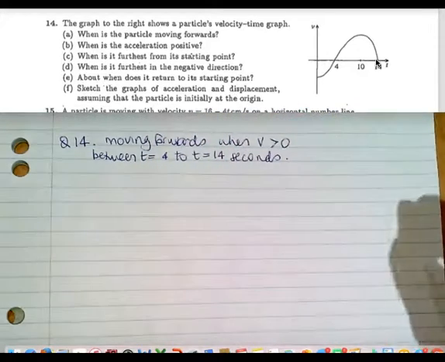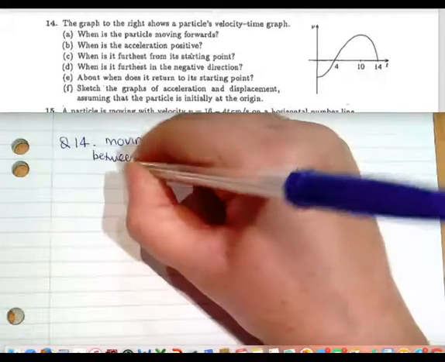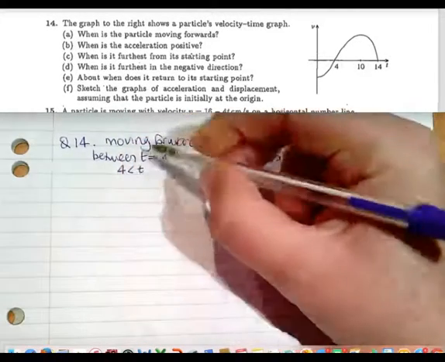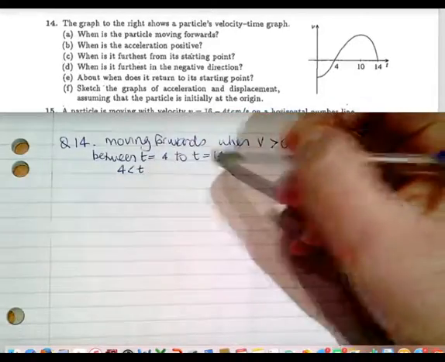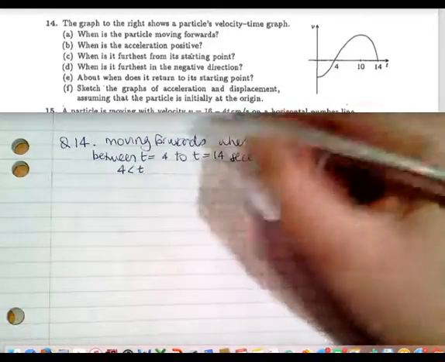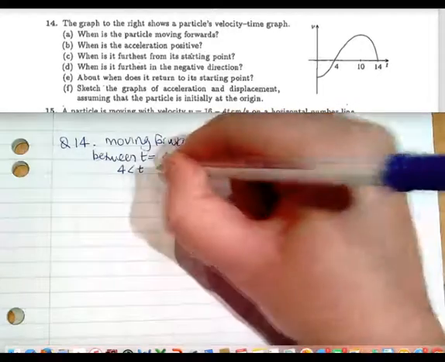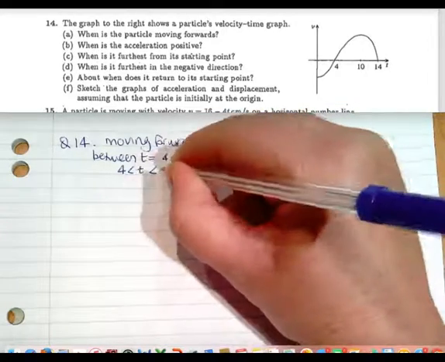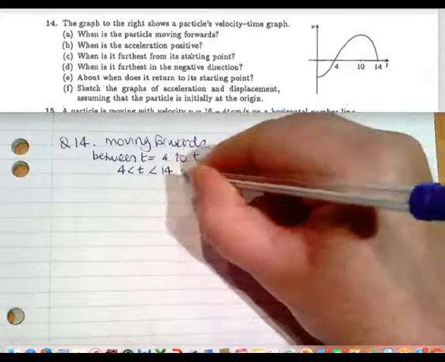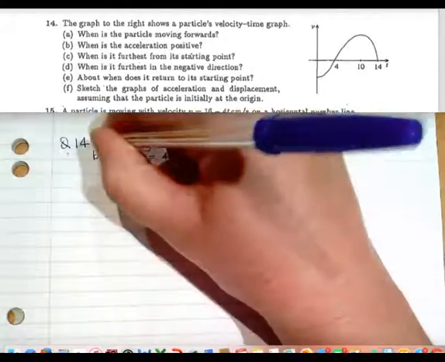That's when the particle is moving forwards. It doesn't include 4 and 14 because at t equals 4 the velocity is 0, and at t equals 14 velocity is 0 as well. So it's times greater than 4 but less than 14 seconds. Okay, that was part A.